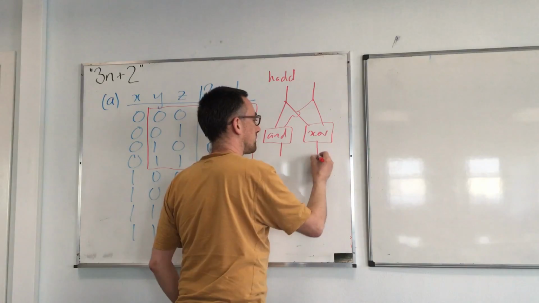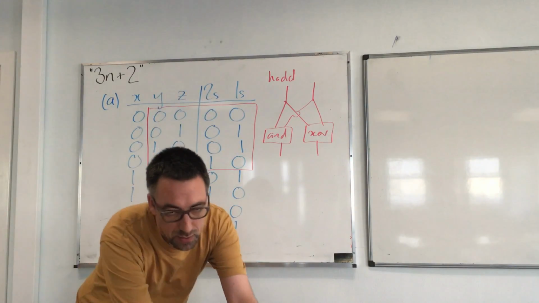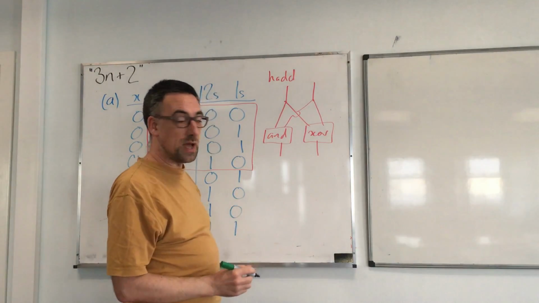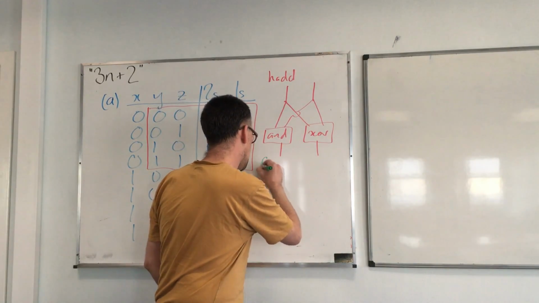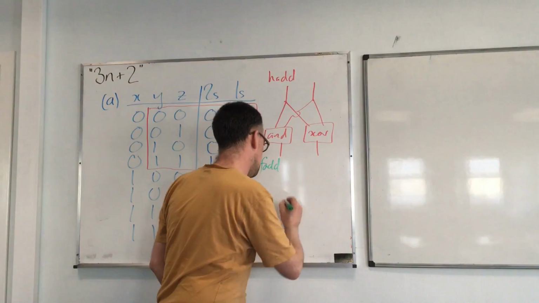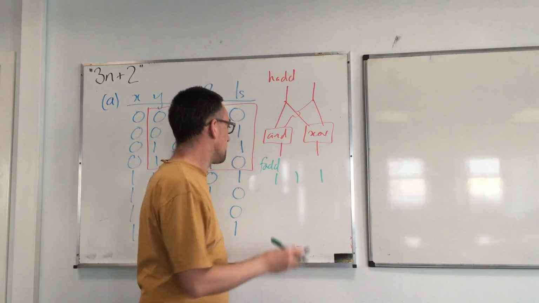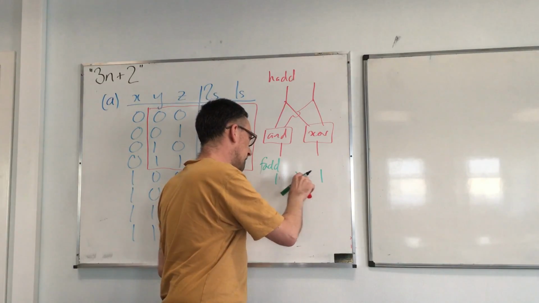And now, to build a full adder from half adders, we add the bits 2 at a time. So we have 3 inputs of place value 1.